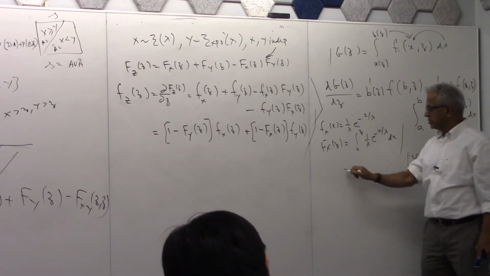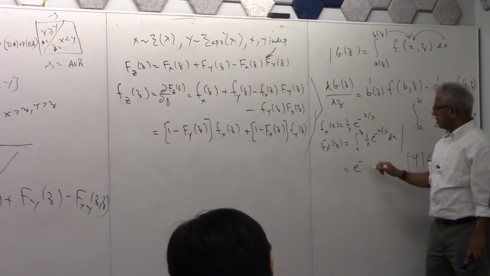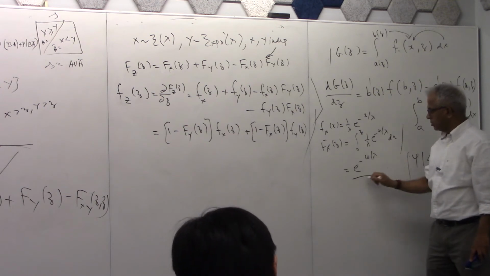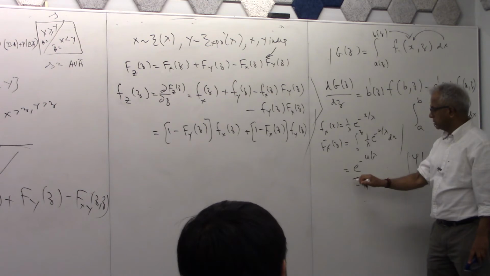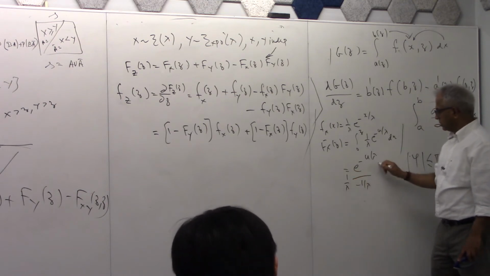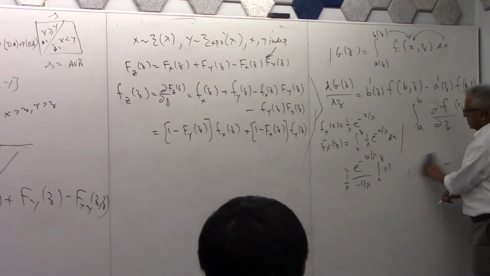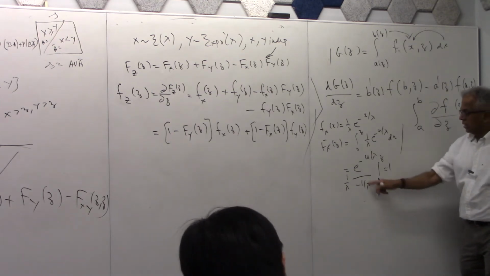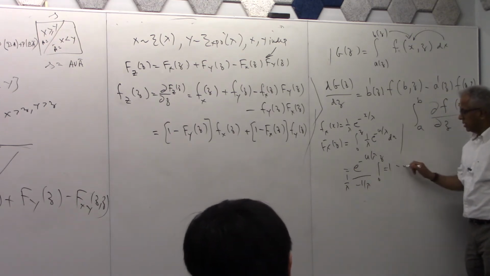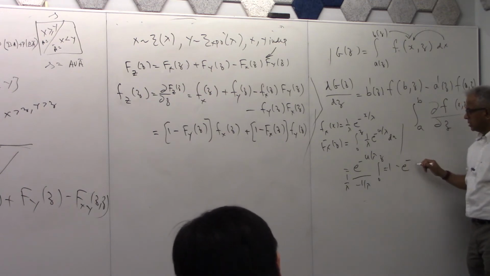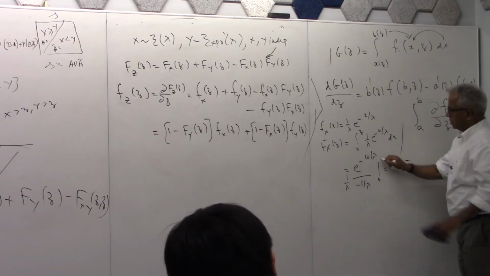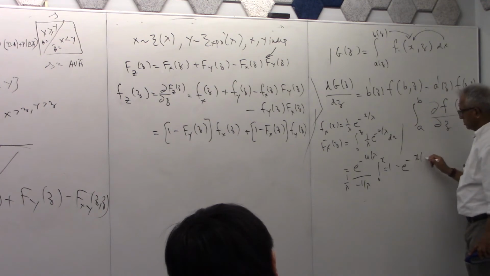Let's evaluate this. So this is e raised to minus u over lambda over minus 1 over lambda, times 1 over lambda here, from 0 to z. Lambda cancels. So that's 1 minus e raised to minus z over lambda, right?